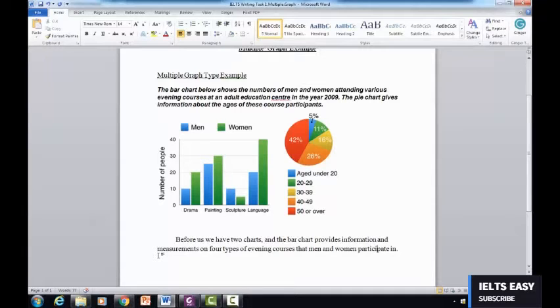All right, so there's our first sentence for the bar chart.